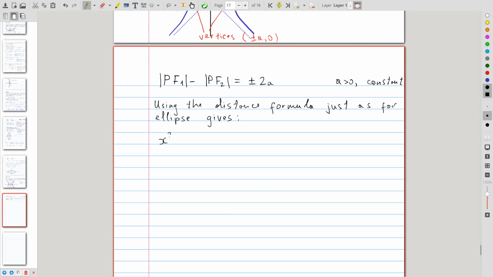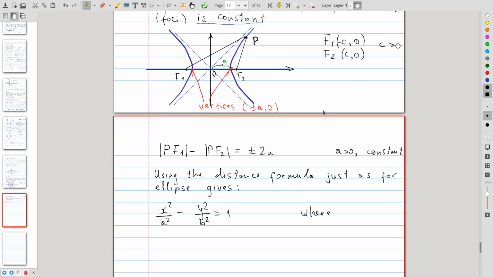We'll get x squared over a squared minus y squared over b squared equals 1, where the relation between a, b, and c is different from the one we had for the ellipse. So if you remember, for the ellipse, a was the length of the longest half axis. So of three numbers a, b, and c, a was the largest, and a squared was equal to c squared plus b squared.